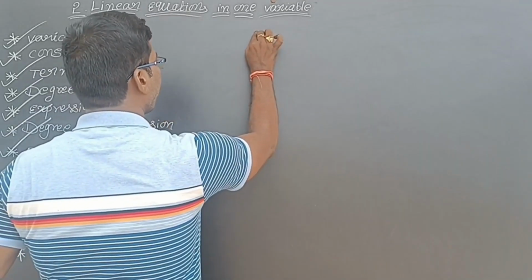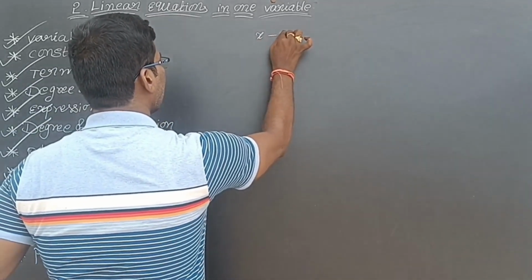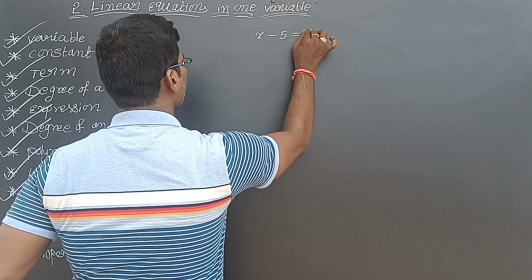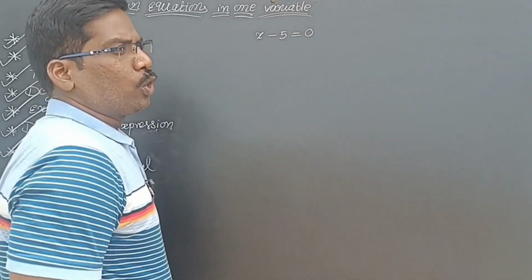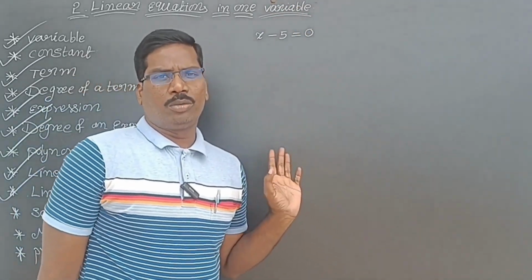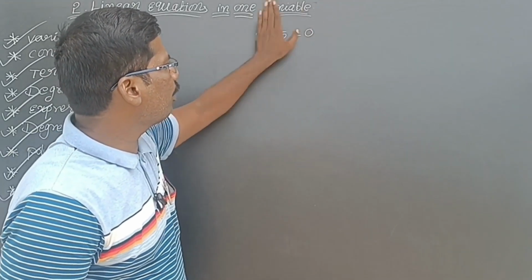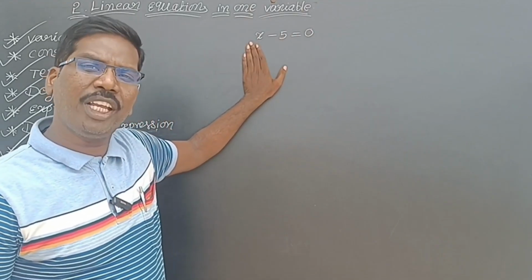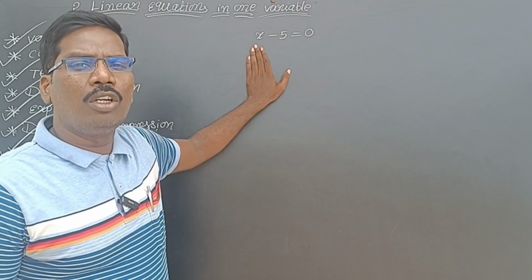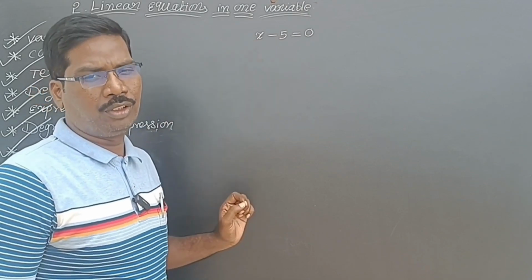Now see here, x minus 5 is equal to 0. Consider the solution of this linear equation in one variable. For what value of x this equation is satisfied is called the solution of this linear equation.